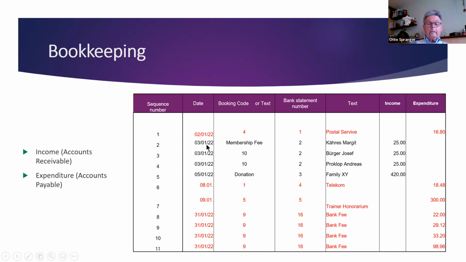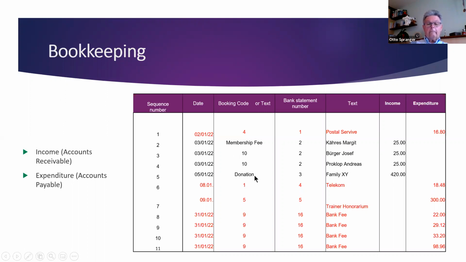On the 3rd of January, membership fee was paid by this person, 25 euros. Also on the 3rd of January, you can create a booking code for membership. Here it is 10, bank statement number 2, the name of the person, and here you have the 25 euros.